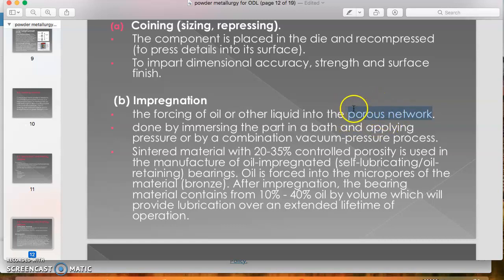The pores will be filled with oil, which we force to fill the area between the powder particles. It can be done by immersing the part in the bath and applying pressure. So we immerse the part into the oil, and then we increase the oil pressure.